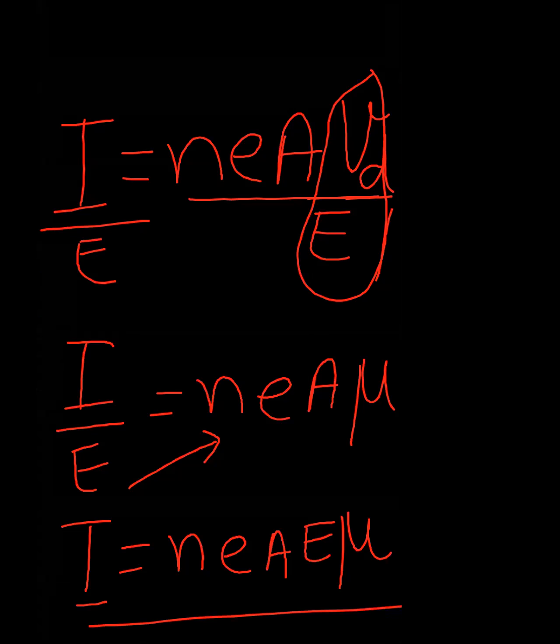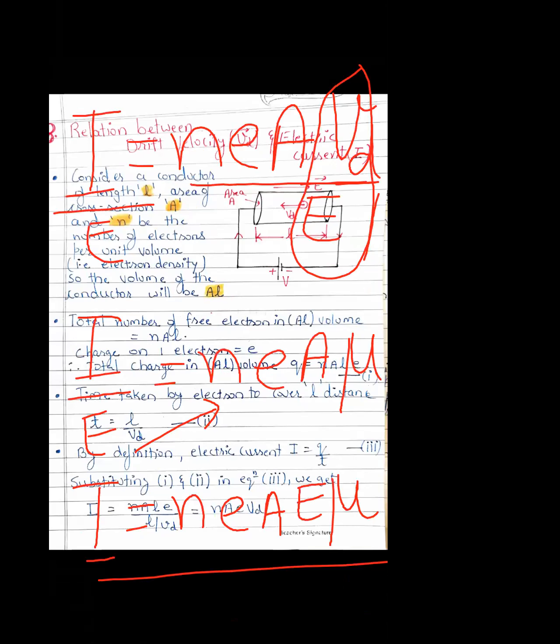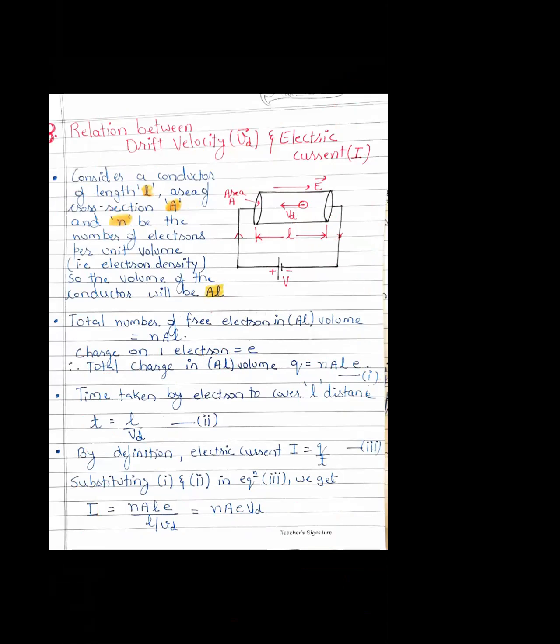Now, the last topic of this video is the relation between drift velocity and electric current. Very important, very easy. Children, we are going to derive the relation between current and drift velocity.